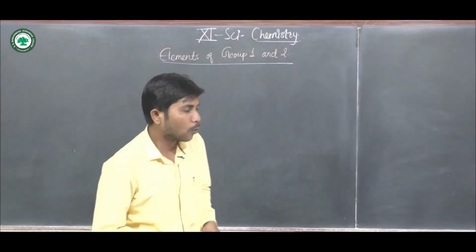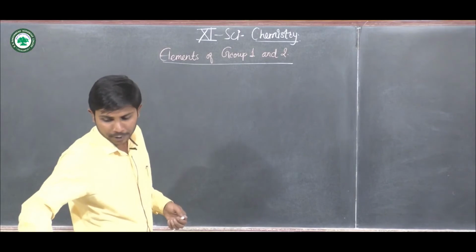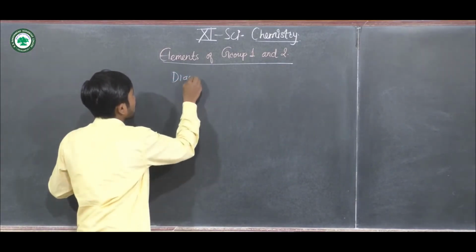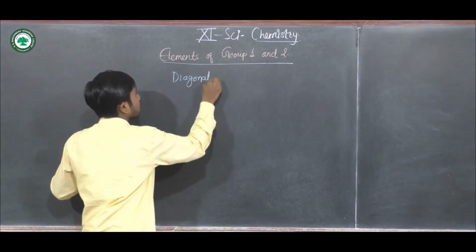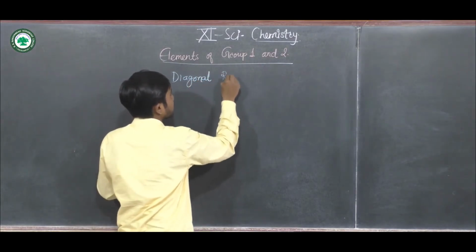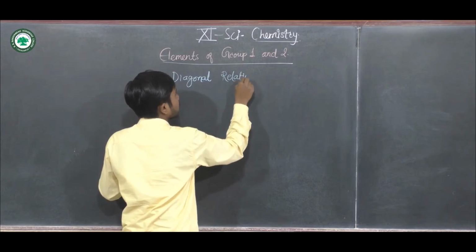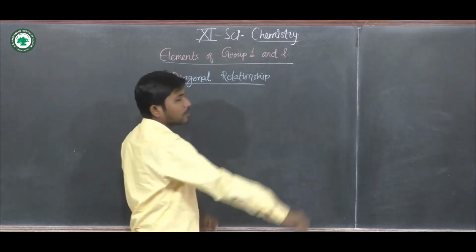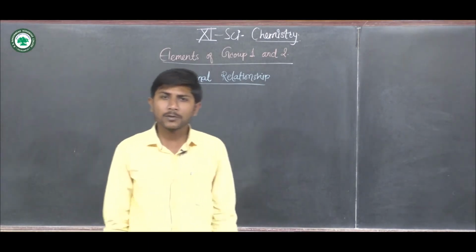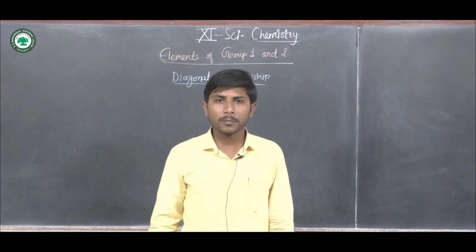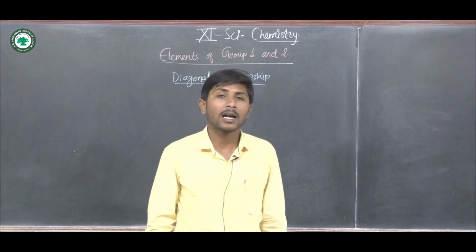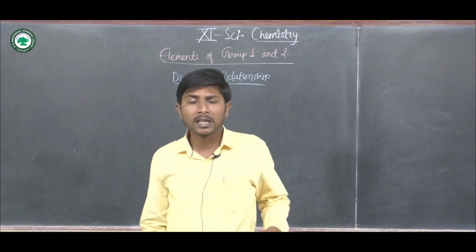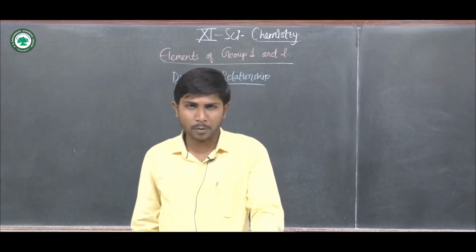Now moving toward the first point, that is the diagonal relationship. What does it mean? As we know, elements in the modern periodic table have been classified according to their increasing atomic number, with periodicity in their physical and chemical properties.